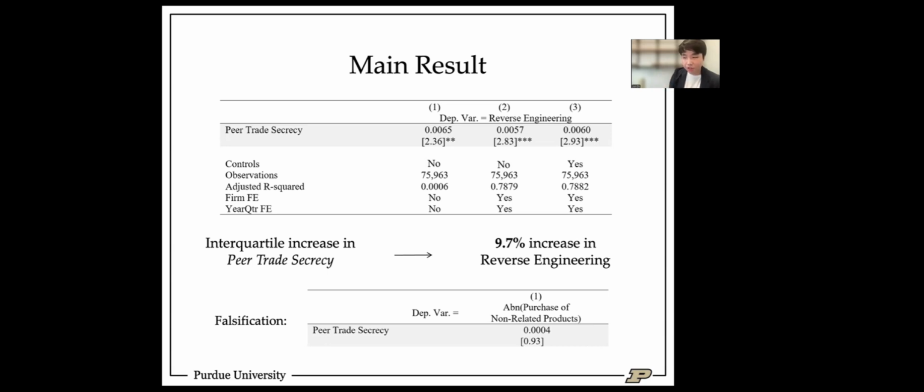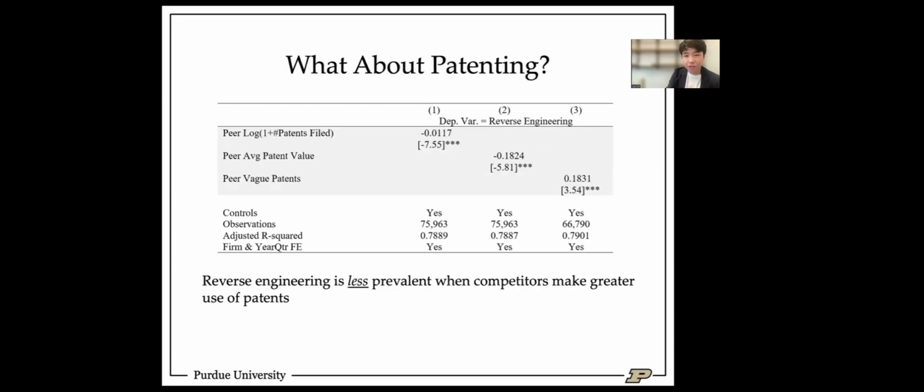If we use those types of products, create the measure the same way, and get the abnormal purchases of those products, we actually find nothing, suggesting that the finding we're documenting in the main result is not simply a change in market demand or local economic conditions.